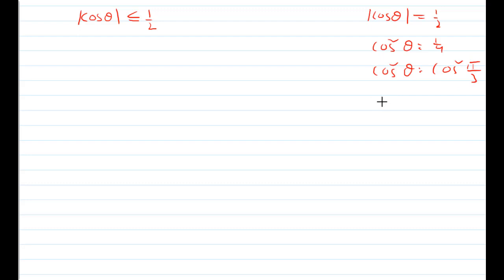Cos square theta equal to cos square alpha, then directly theta equal to n pi plus or minus alpha, n pi plus or minus pi by 3, where n is an integer. Okay, now I want to draw the graph. What is the interval here? 0 to 2 pi interval.